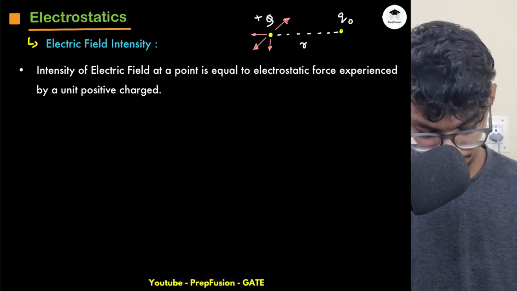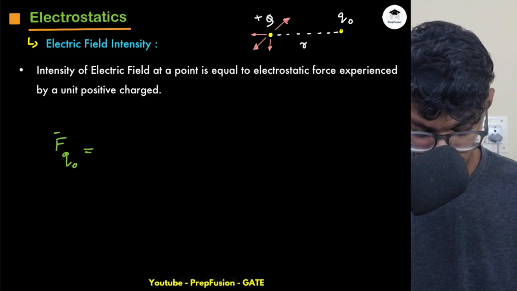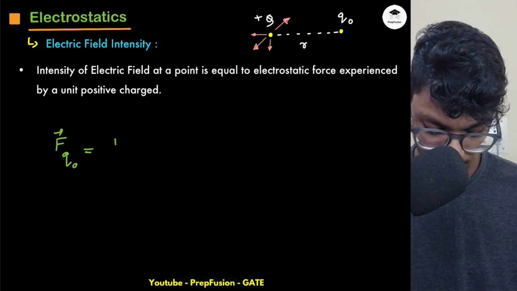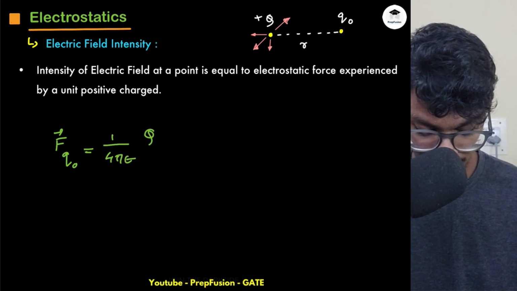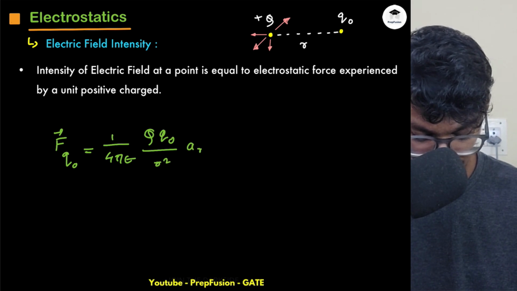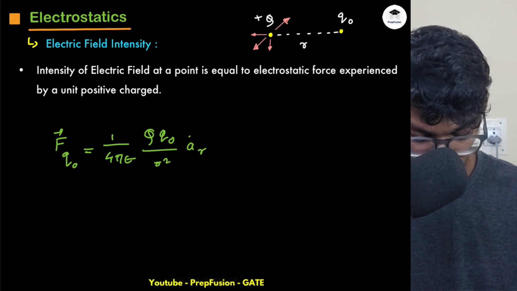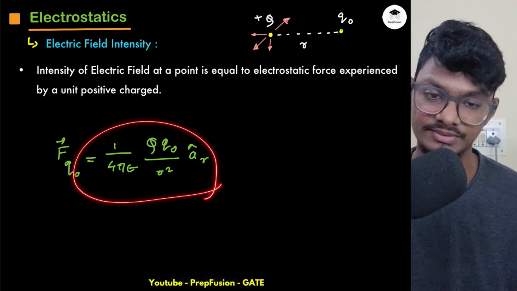The force experienced by q naught will simply be k, which is 1 by 4 pi epsilon, into capital Q into q naught divided by r square, and obviously r cap is already there. So this is the amount of force experienced.